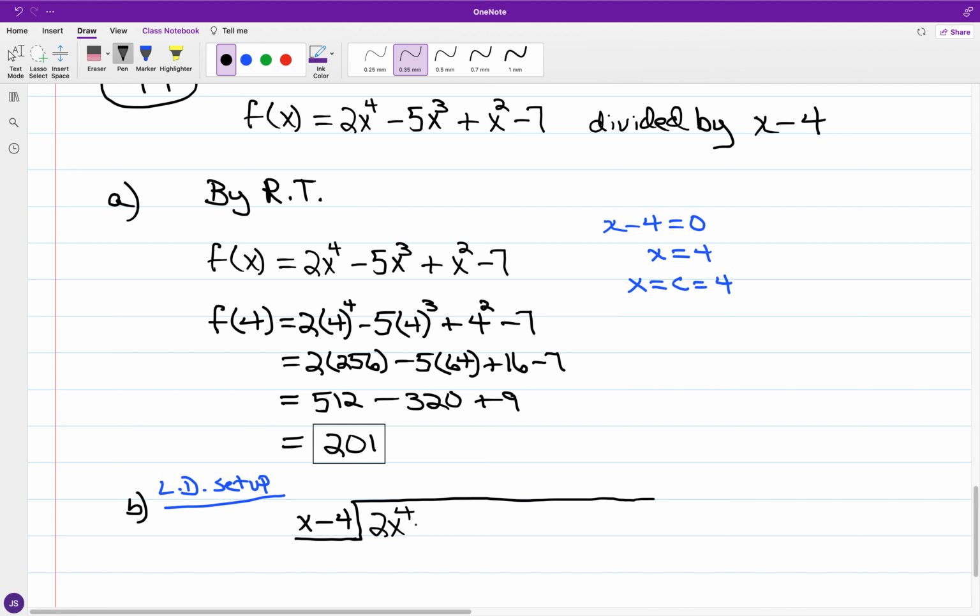So we have, into 2x to the fourth minus 5x cubed, a second order term, and we're missing a first order x term, closing out with negative 7.